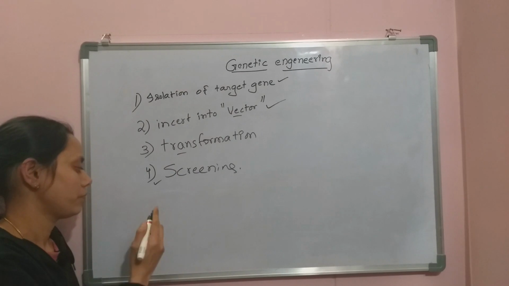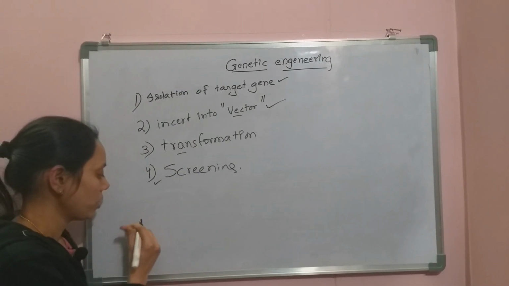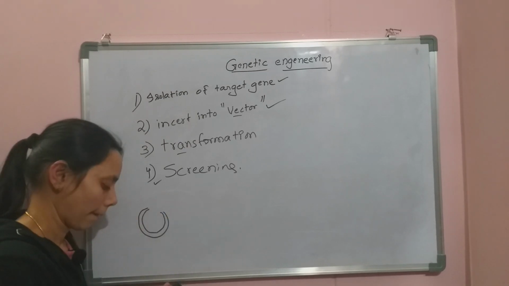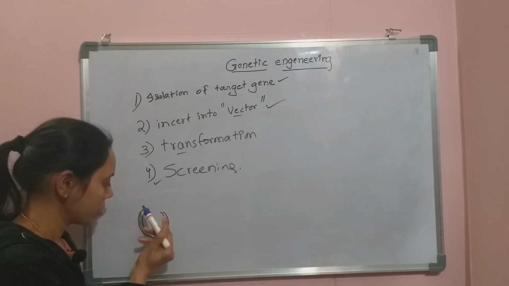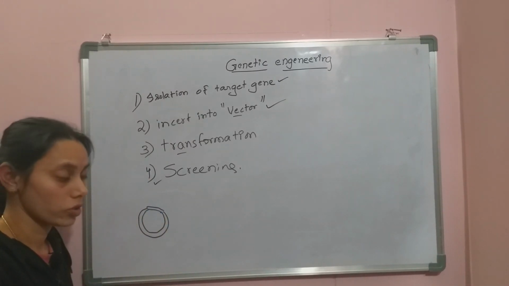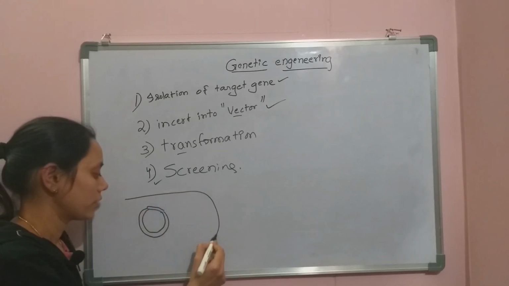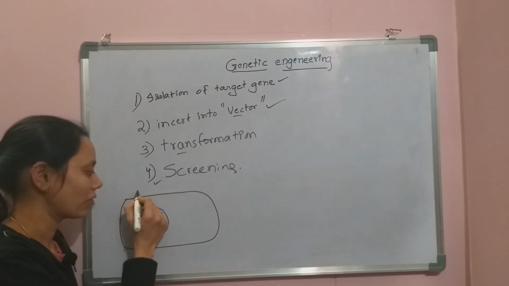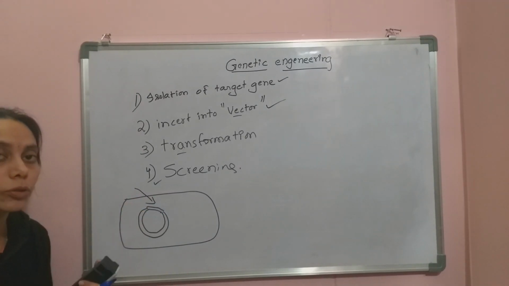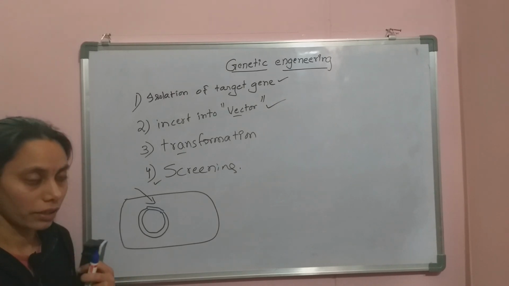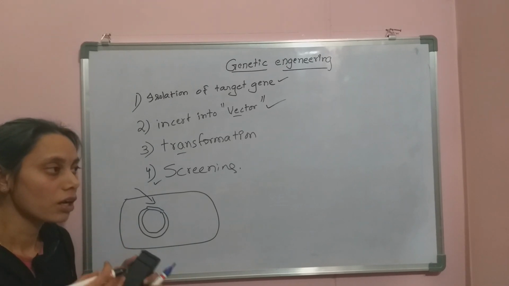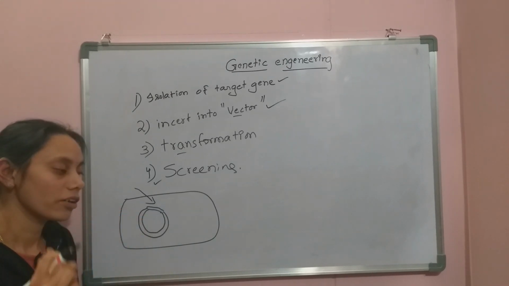So let us consider this recombinant vector is going to be introduced in the host cell. Let us consider it as a bacteria. It is not easily going into the bacteria because the bacteria is not able to accept the foreign DNA. So we need to make this bacteria competent towards this recombinant vector.